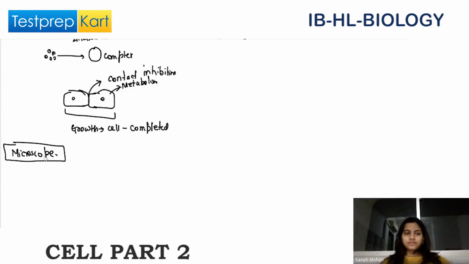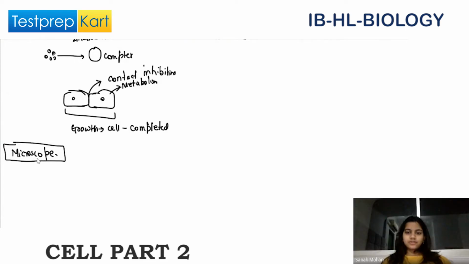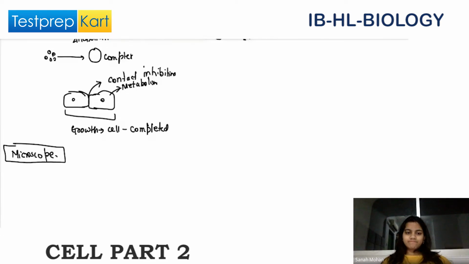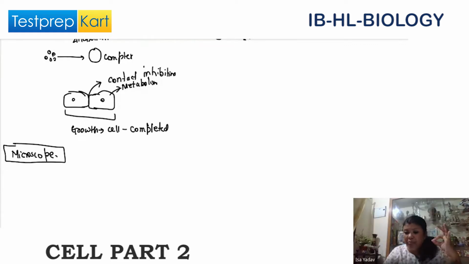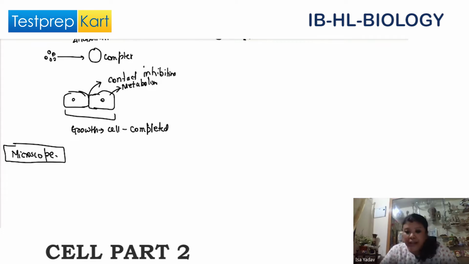It's a device that is used to see things that you can't see with your naked eye. Yes. With the help of a microscope, we are able to see microscopic objects, right? So what is the microscope doing?